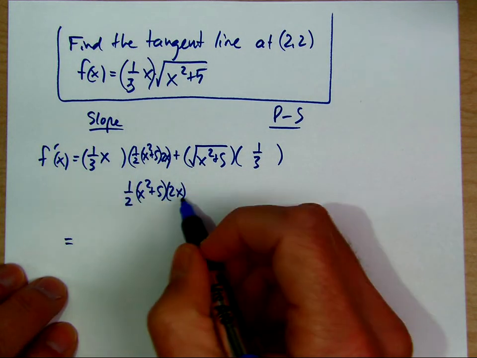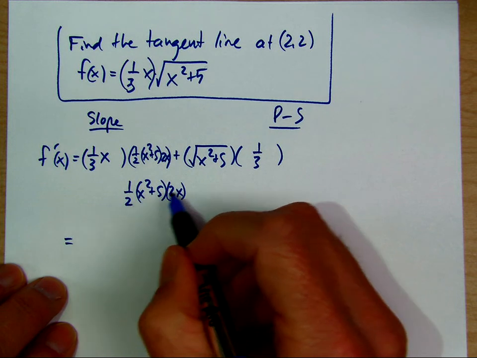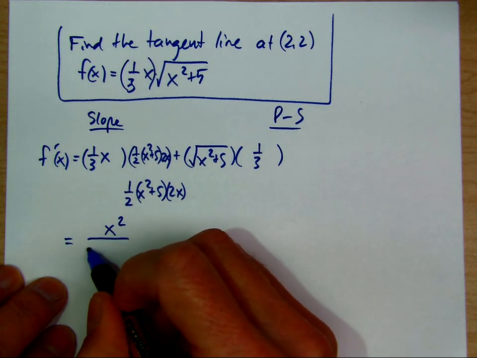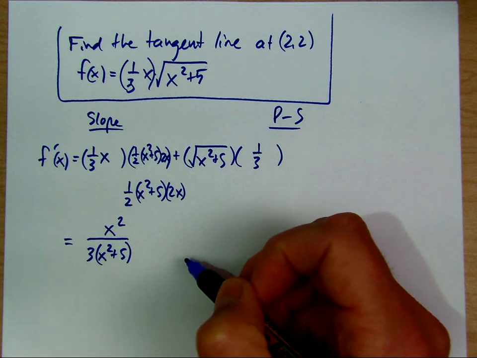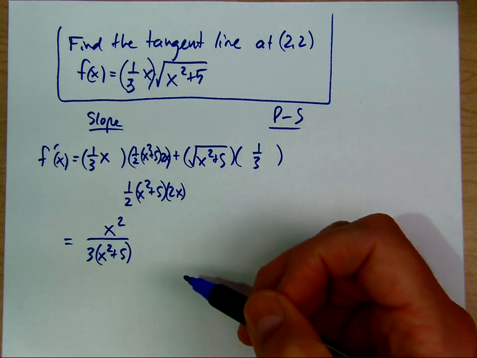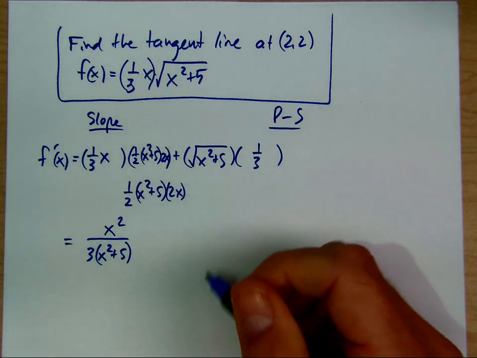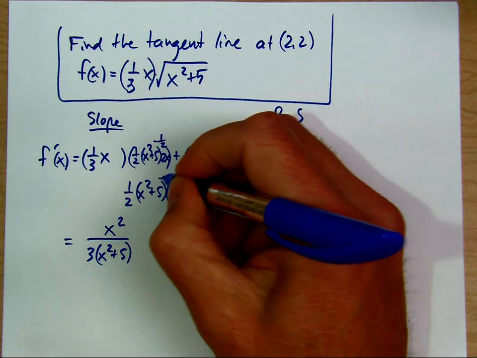Multiplying that, we have 2, we'll cancel that 2, we have x squared over 3x squared plus 5. Oops, forgot something. That's a negative 1/2. Negative 1/2.